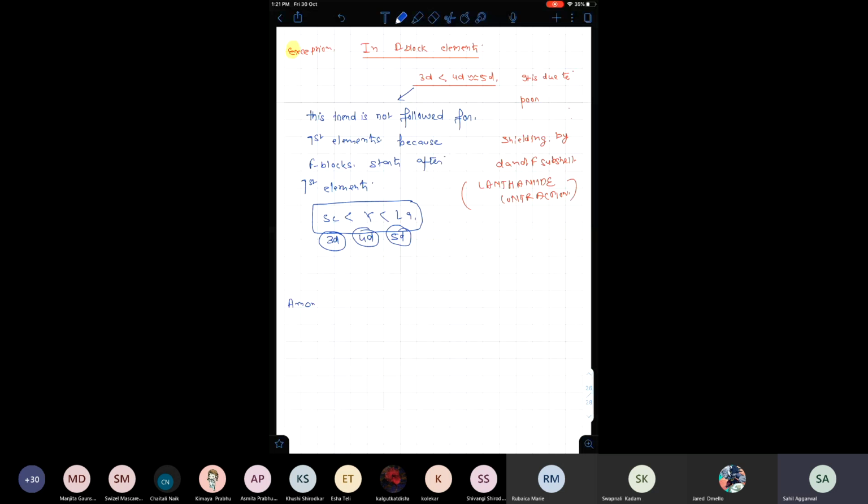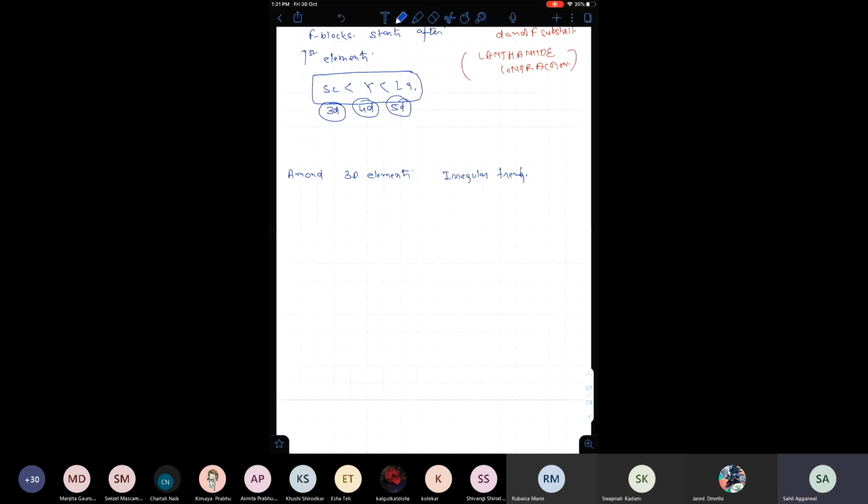Among 3D elements, irregular trend. First, decreases from left to right.